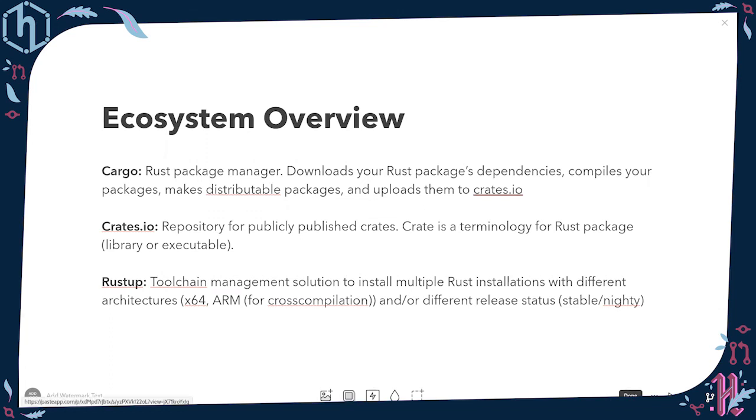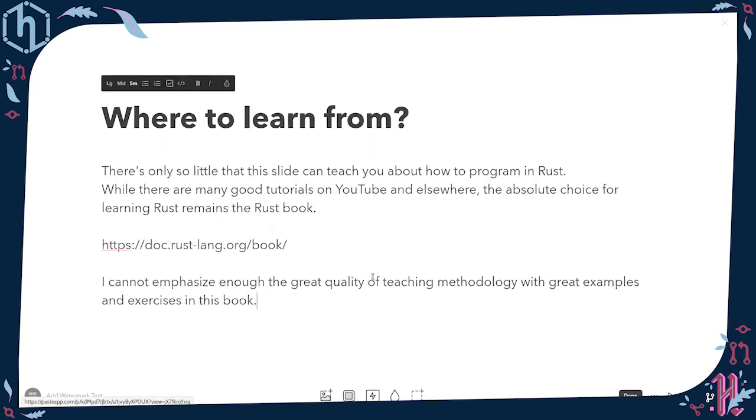Then, where to learn from? I could have taught you how to program in Rust, but obviously I'm not the best teacher to tell you how to program. There are great other tutorials where you can learn, and it's a very small session where I just want to tell you what's happening in the space, so you can check things out and try to learn more on your own.